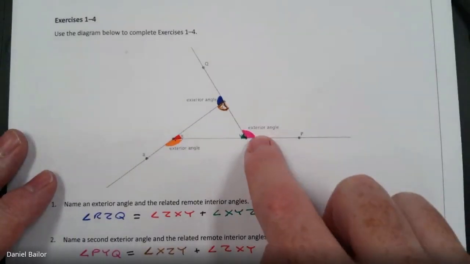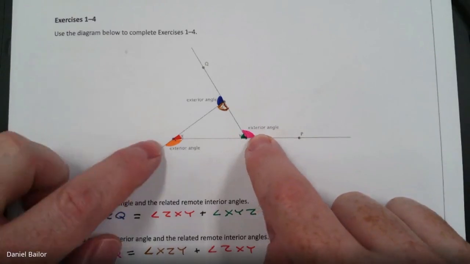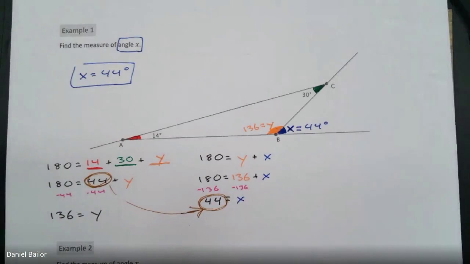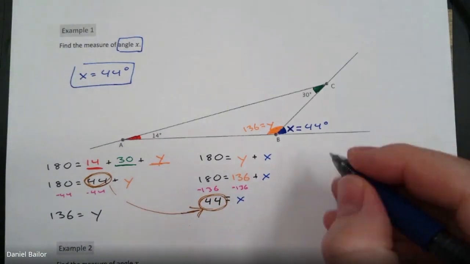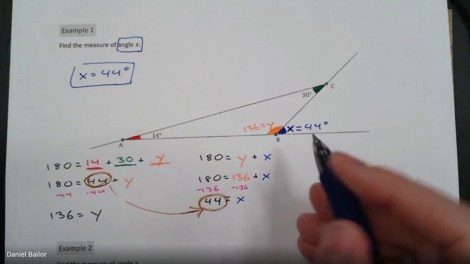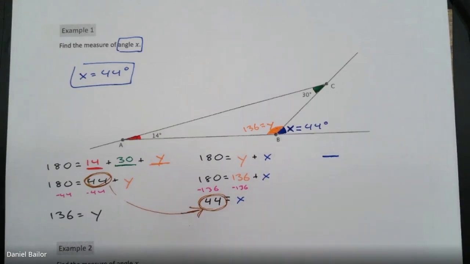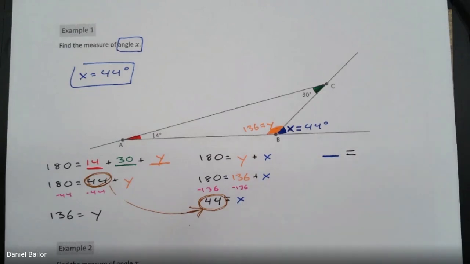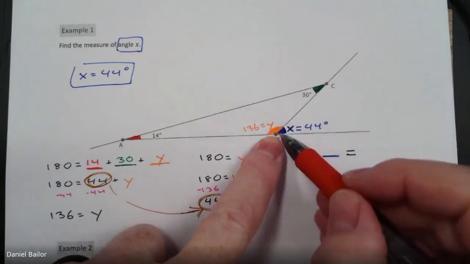Like this pink one is connected with the red and the brown. So the shortcut, you should know that the blue, the outside angle, is connected to the two far away ones.